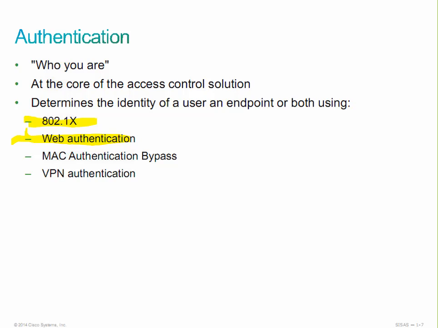And then we also have MAC authentication bypass, right? This could typically be used for a scenario where you have a printer or some device that doesn't have a GUI or user interface that allows us to do web authentication, or it doesn't have an 802.1x supplicant. So we have a database of MAC addresses that simply allow access based on that database of MAC addresses.